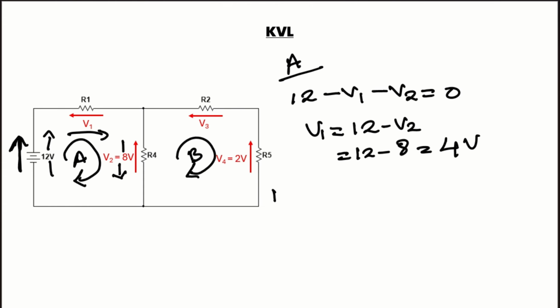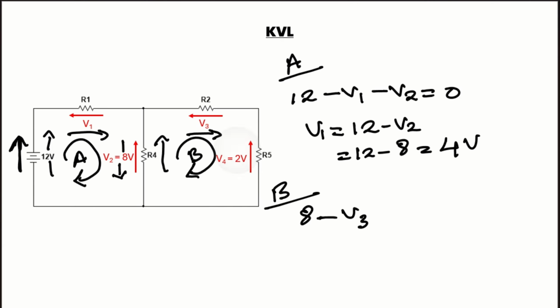On the other hand, if you apply the KVL for loop B, then the loop direction and the voltage across the R4 resistor are both in the same direction, so it will be 8. The V3 direction is opposite to the loop direction, so it will be minus V3.